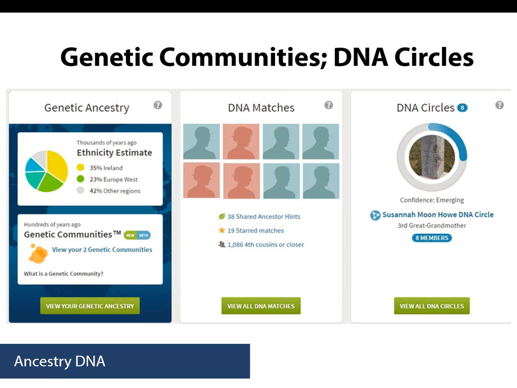Many people test with 23andMe for their health reports, and so again, for all of these, do not be surprised if you do not hear from a DNA relative. Genealogy may not have been the reason they have taken this test.